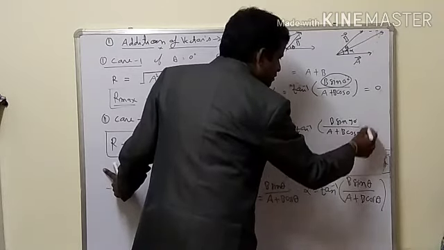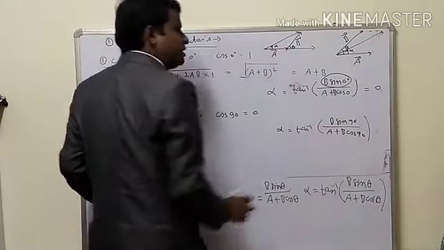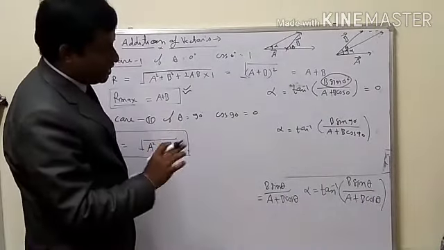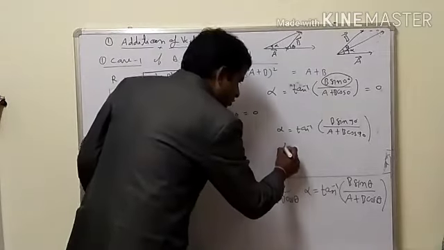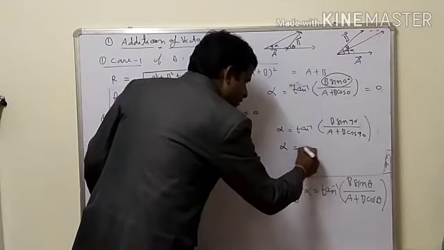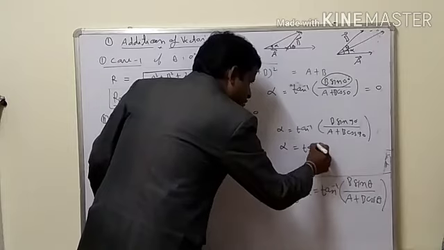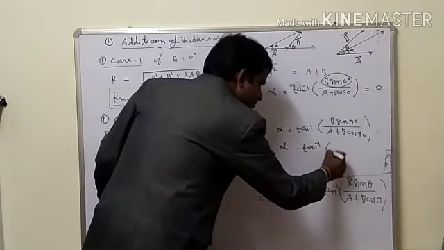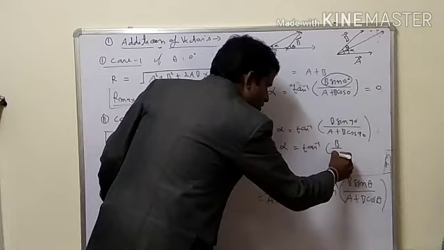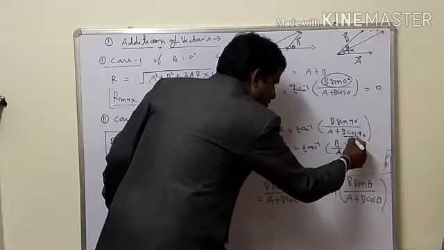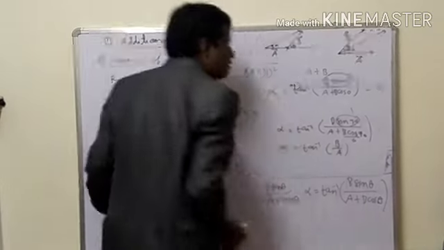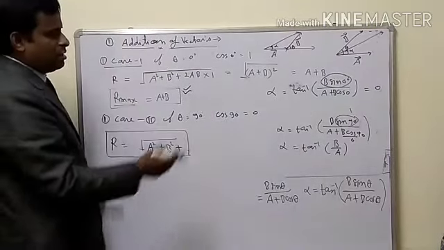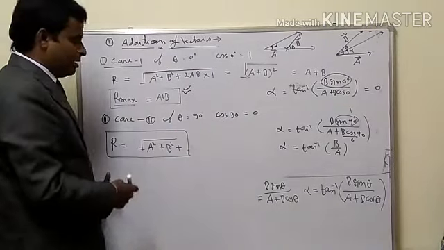See, sin 90 means 1, cos 90 means 0. So put the value over here. So alpha will become tan inverse b upon a. Why? Because this will become 0 and this will become 1. B into 1 means b, and a plus 0 means a. So this will be the direction in the second case.